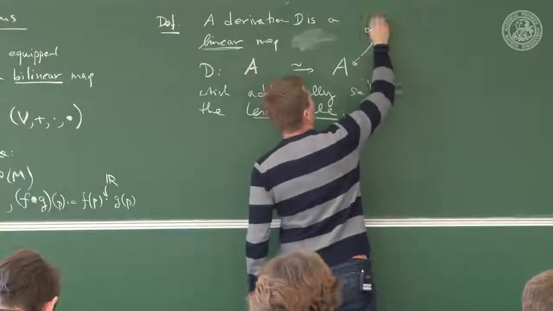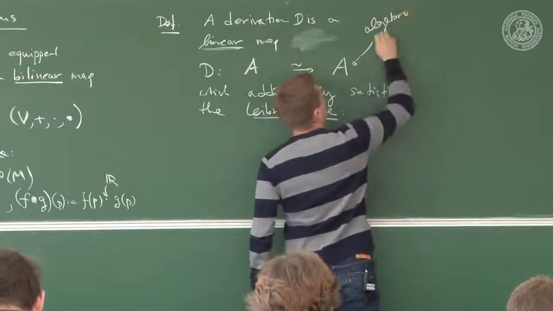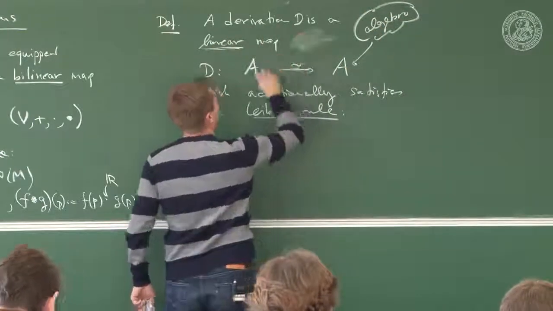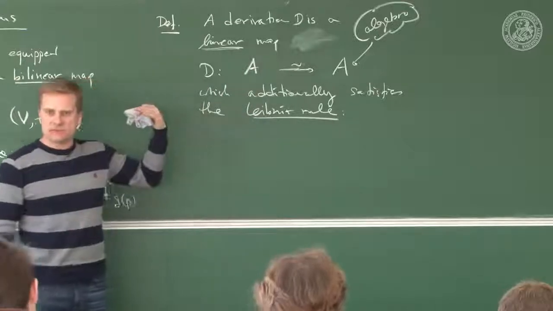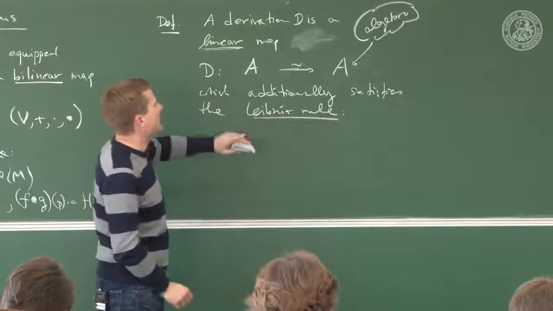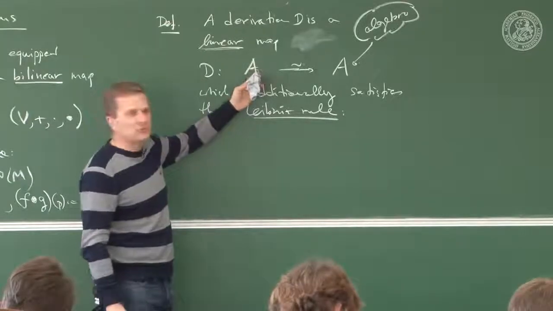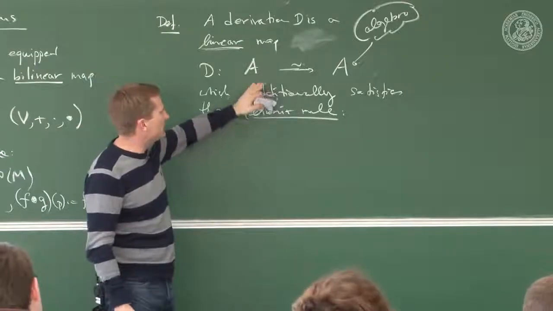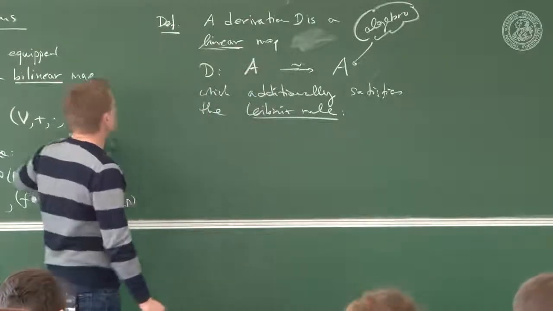The linearity of course refers to the algebra being a vector space, otherwise we couldn't talk about linearity. But it additionally satisfies, as you guess, since it's an algebra, a rule that uses the blob.